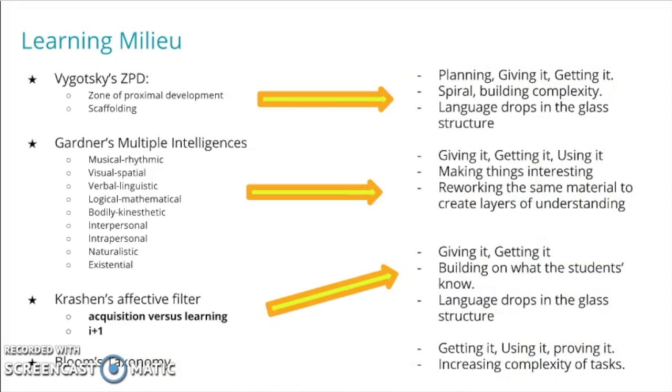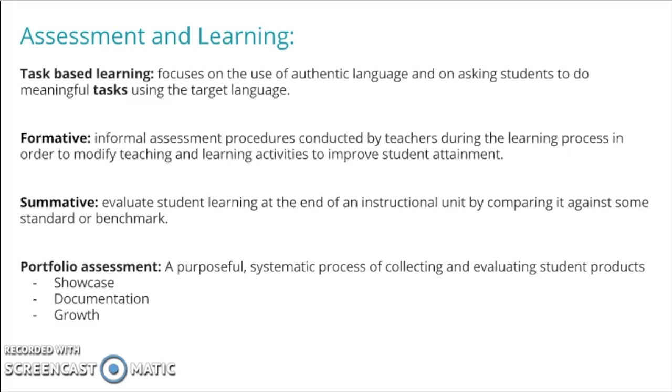And this is, of course, involving the getting it, using it, and proving it. So I'm going to be creating tasks where students have to prove it by using creative cognitive complexity. And so, of course, this is also increasing the complexity of tasks, moving along that spiral, creating that breadth, creating that depth. And finally, what we've all been waiting for, how are your students going to be assessed and how are they going to be learning?